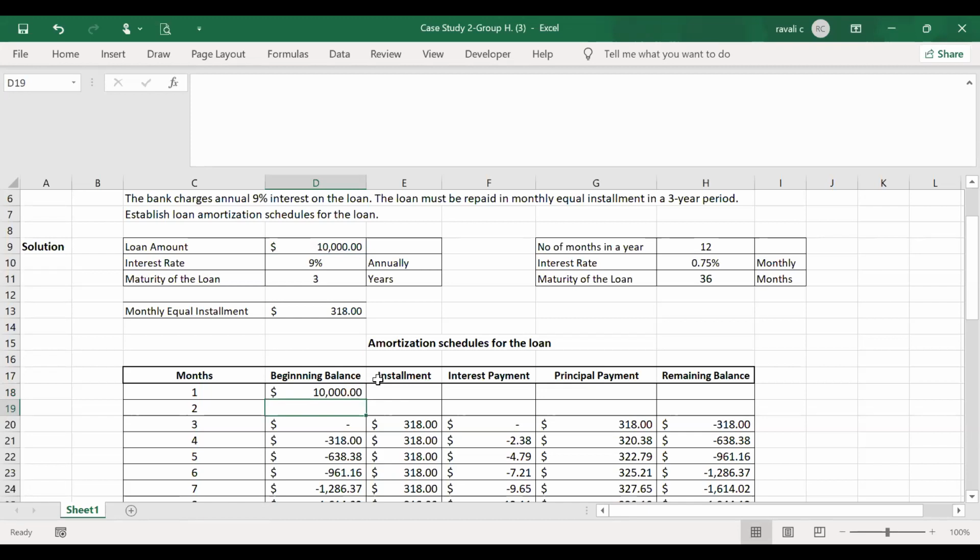And the installment is the monthly equal installment, which we calculated through PMT.